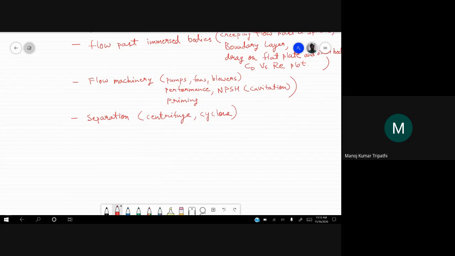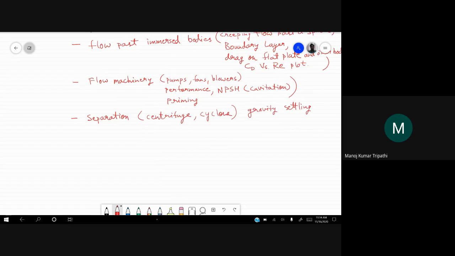Cyclone separators, centrifuge separators. There is something called gravity settling also, which is the most simple way of separating solids. You just leave a fluid in which some solid particles are mixed under gravity in a container, and the solid particles will settle down if they are denser than the liquid, otherwise they will float. That is known as gravity settling.